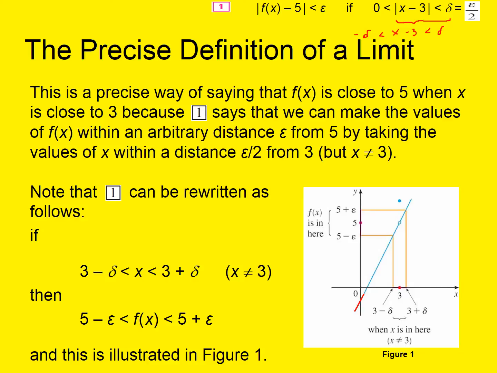And so, armed with our magic number delta, if we're within delta of 3, that is, if we're between 3 minus delta and 3 plus delta, then in the vertical, we're always going to be less than epsilon from 5, between 5 plus epsilon and 5 minus epsilon.